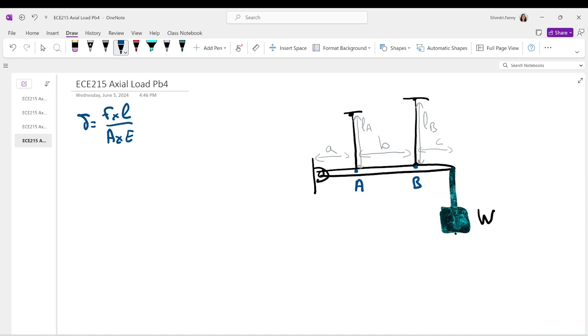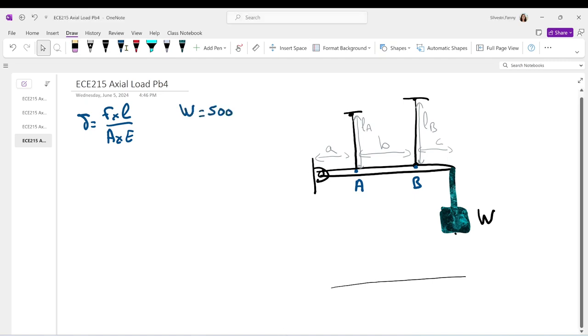So in this example, let's start to do the free body diagram. If we do the free body diagram of this example, we have the beam like this. We have a force, so we know W. Let's say W equals 5,000 pounds, going down.